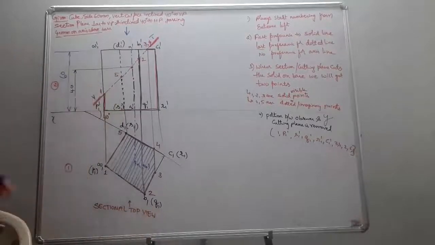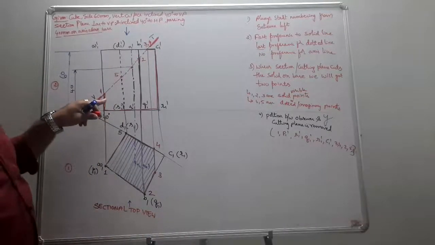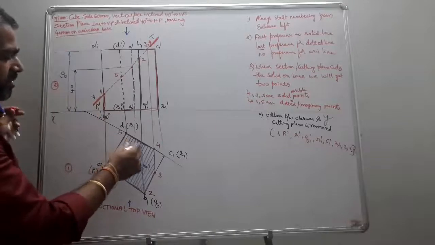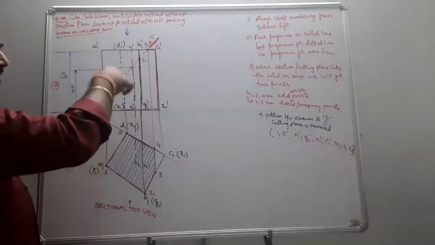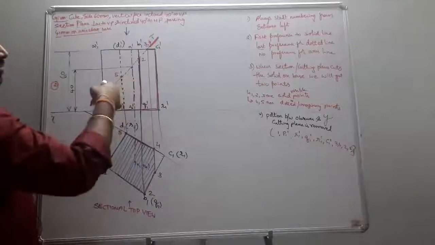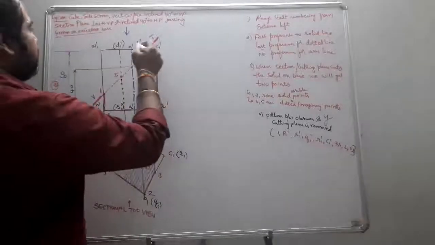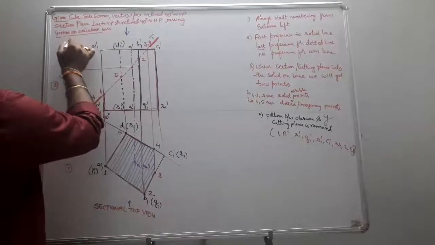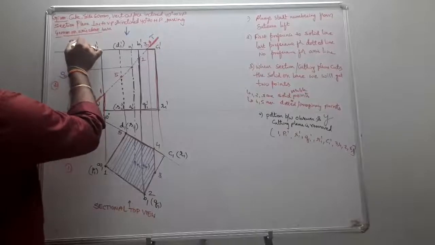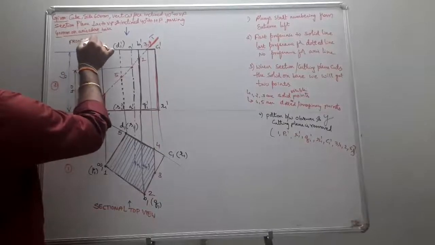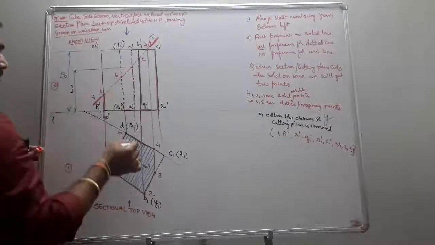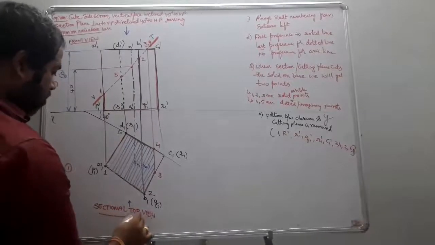Is there any sectional portion obtained here? Sectional portion means represented by hatching. So that was seen from the top only. In the front view, there is no section portion. This I simply represent as the front view. And this was the sectional top view.